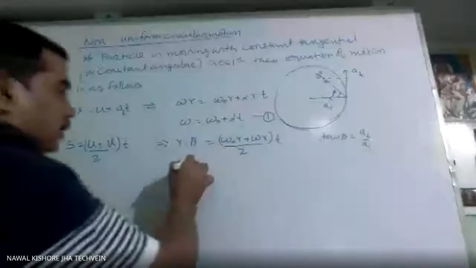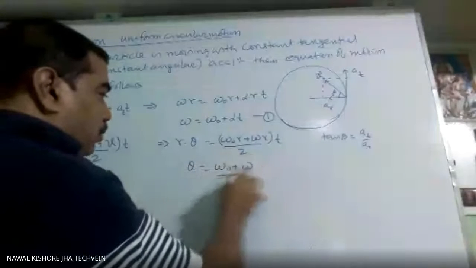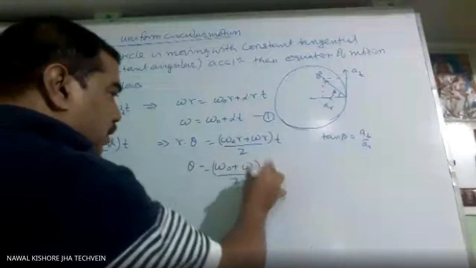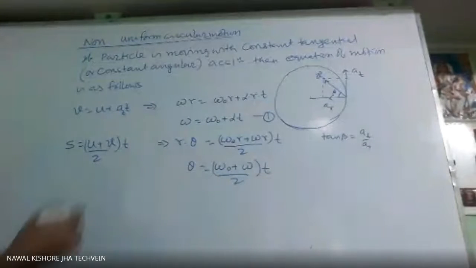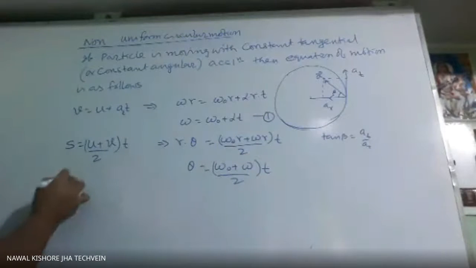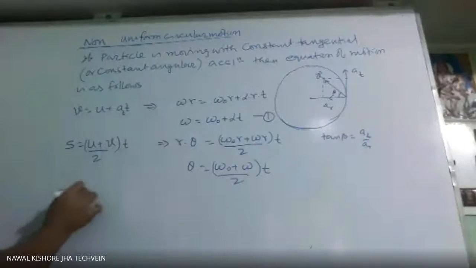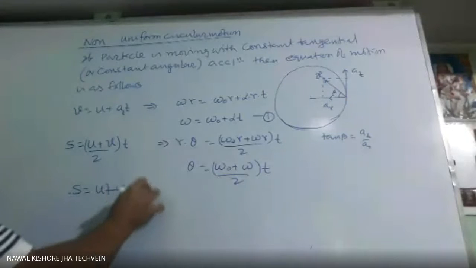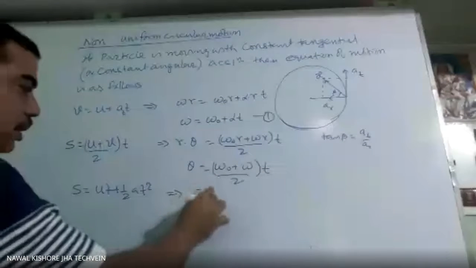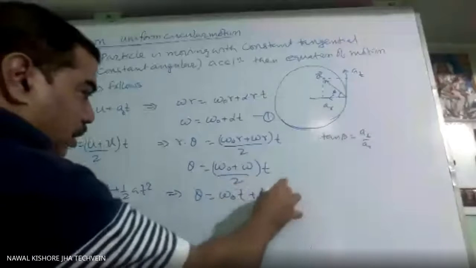That is, theta will be equal to omega naught plus omega by 2 into t. A similar equation is coming. Now suppose s equal to ut plus half at square. This we can write: theta will be omega naught t plus half alpha t square.